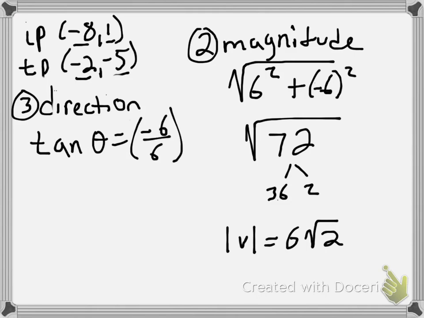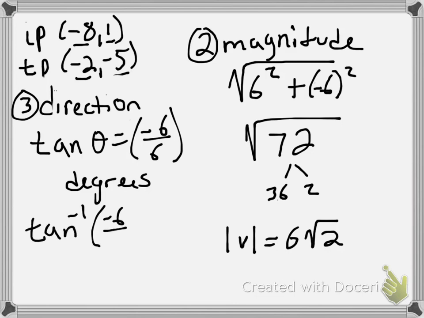And when we do this, we want to do this in degrees. So if I do the inverse tangent of negative 6 over 6, what I end up getting is negative 45. So it's negative 45 degrees.